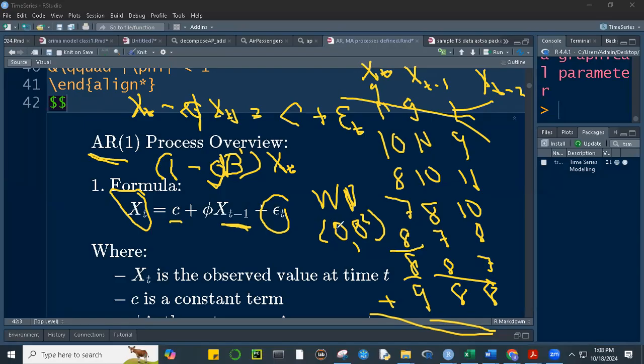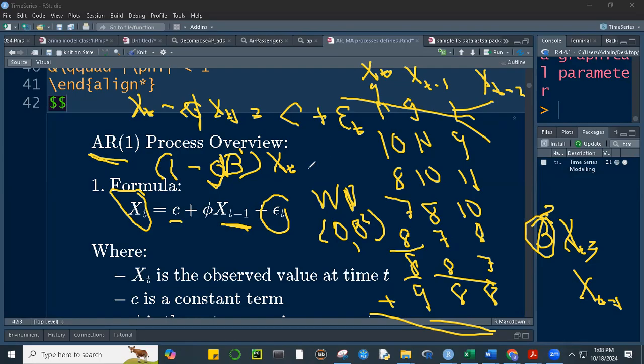And what does this mean, class? If I distribute this, that backshift operator B, B x sub t, is actually equal to x sub t minus 1. This backshift operator gets the lag of 1. If it's 2, then it should be x sub t minus 2.